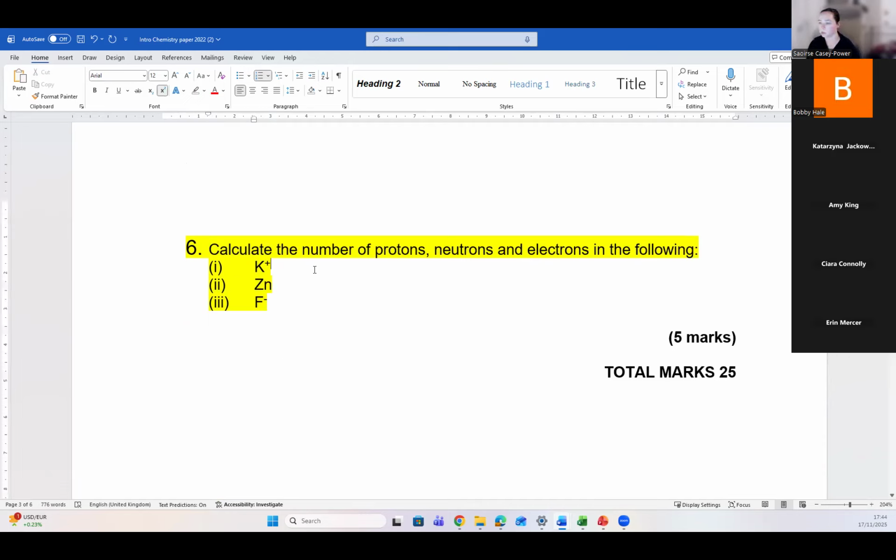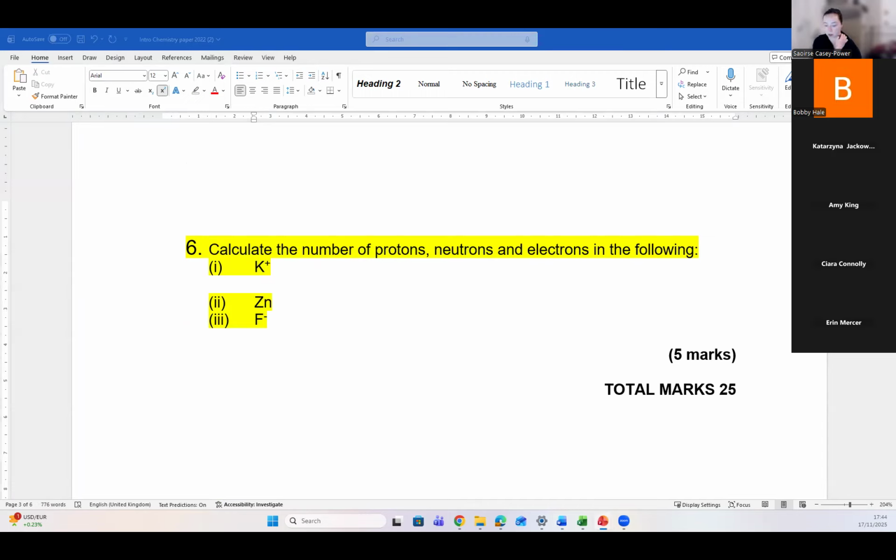Okay. So this would be related to your atomic structure and your bonding lecture notes, okay? So I'm just going to pull those up now. Okay, so this is more related to your atomic structure notes.